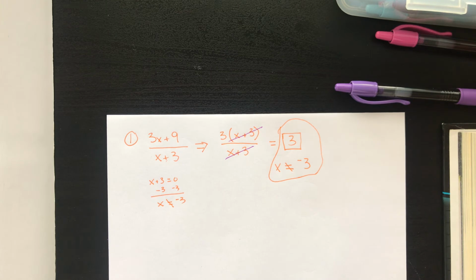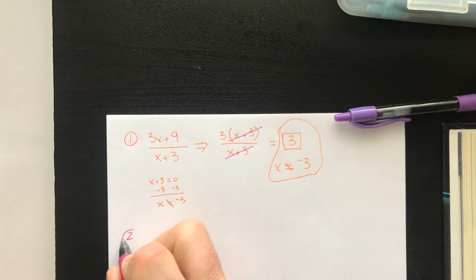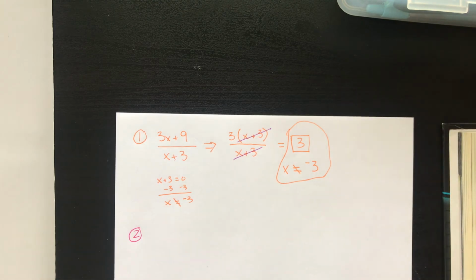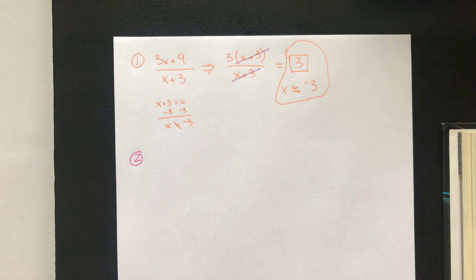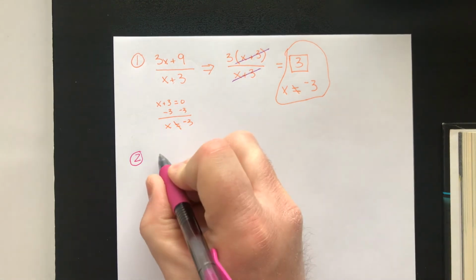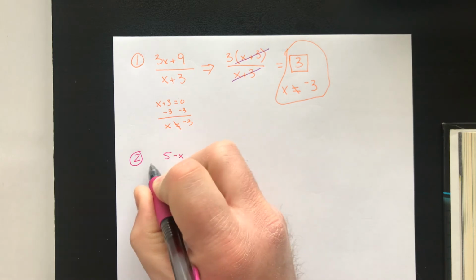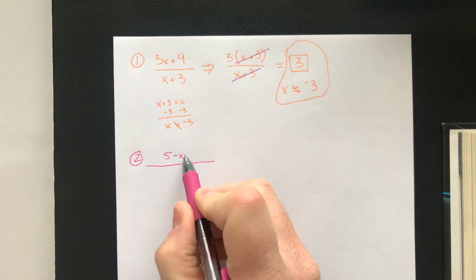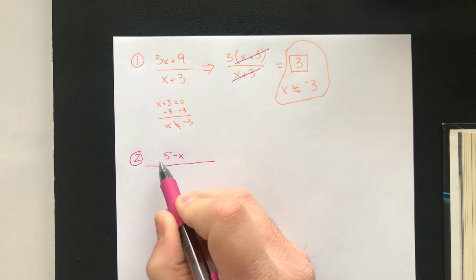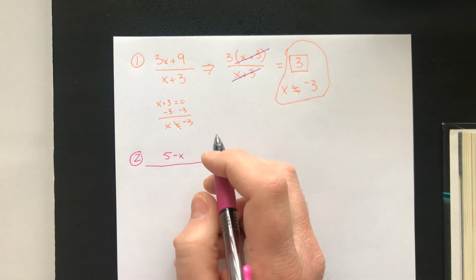Let's take a look at number 2. I'm going to use my fancy pink pen here. My daughter wanted me to use more pink and purple in my notes. This problem says 5 minus x, which is an interesting way to write a polynomial, 5 minus x instead of x minus 5.